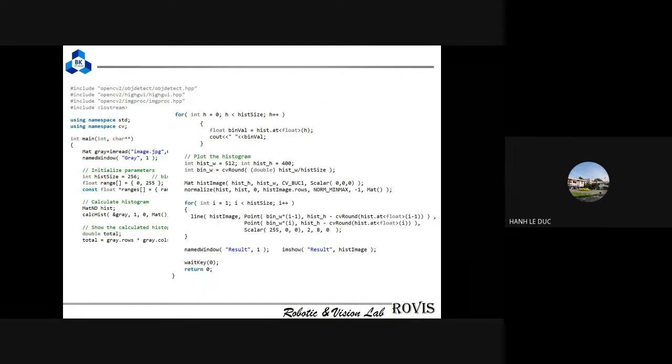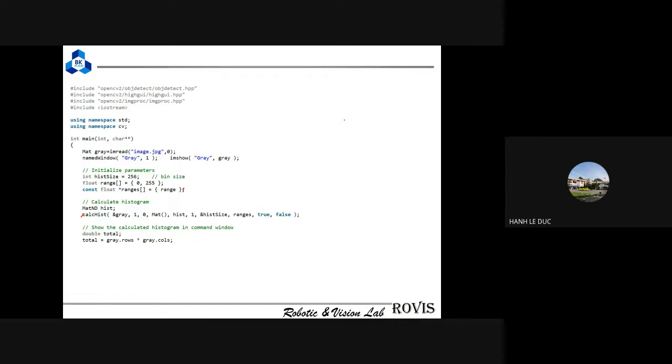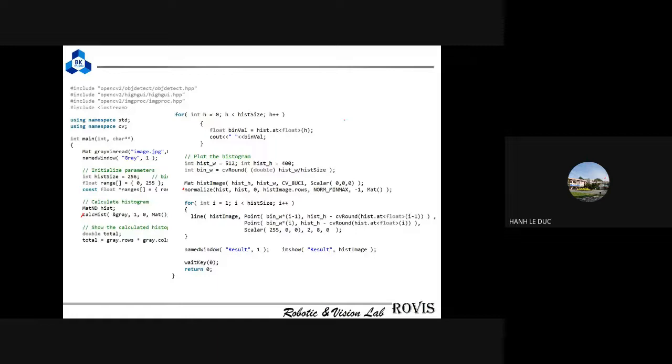The first function is calculate histogram, and the second is here. Another function is line or something like that. You can have a look at the OpenCV website, they have the documentation.